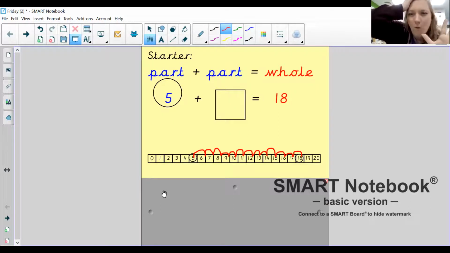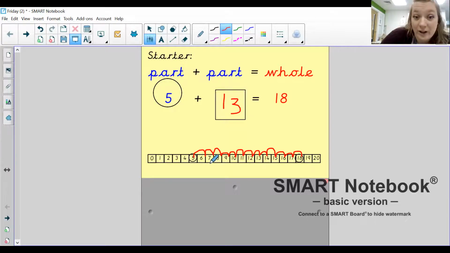What comes before 18? 17, 16, 15, 14, 13. So the answer is 13. I could also, just a triple check, count my bunny hops again.